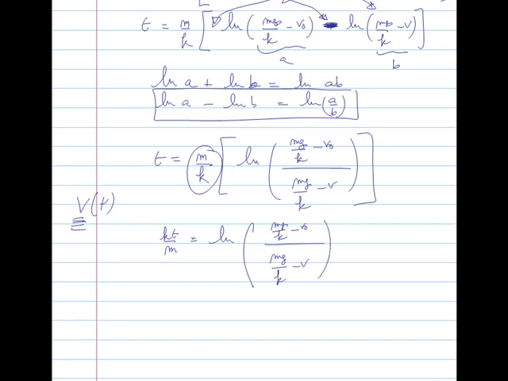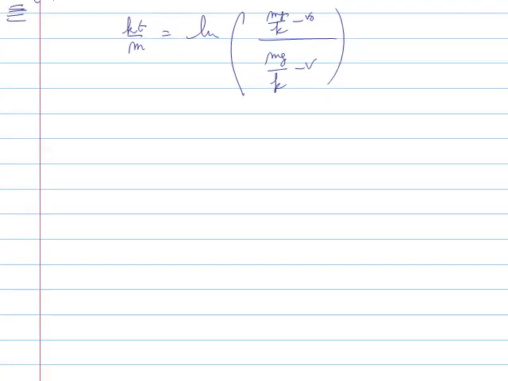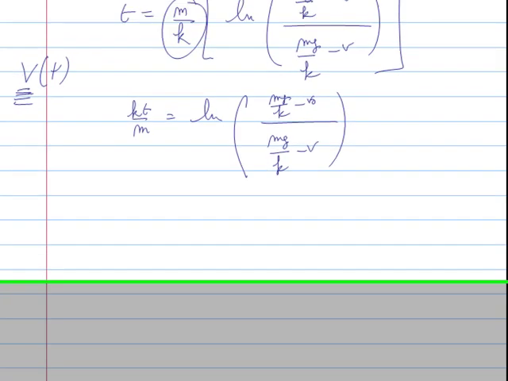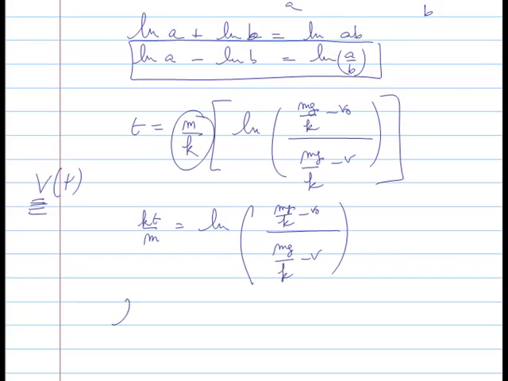Now I need to get rid of the logarithm function, and I know that to get rid of a function I just need to apply the inverse function, and I remember that e to the ln x is x. So if I want to get rid of a ln function, all I need to do is take the exponential.